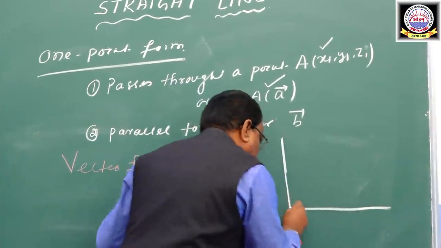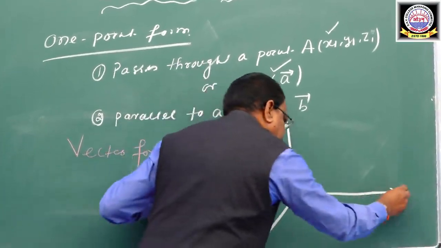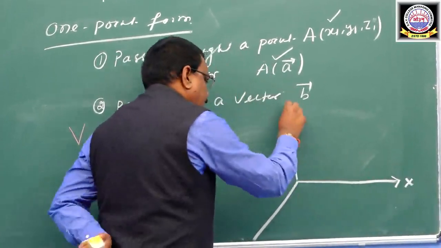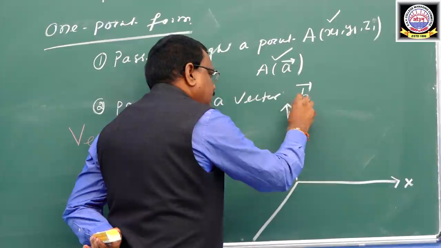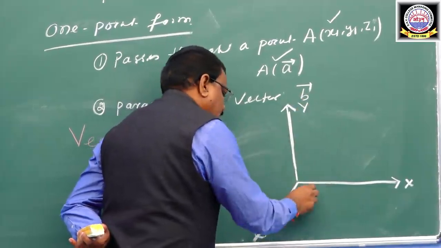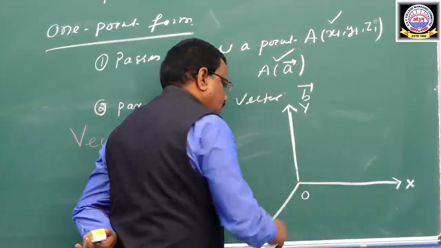So this is the Cartesian coordinate system: the x coordinate, this is the y coordinate and this is the z coordinate. This is, say, the origin.